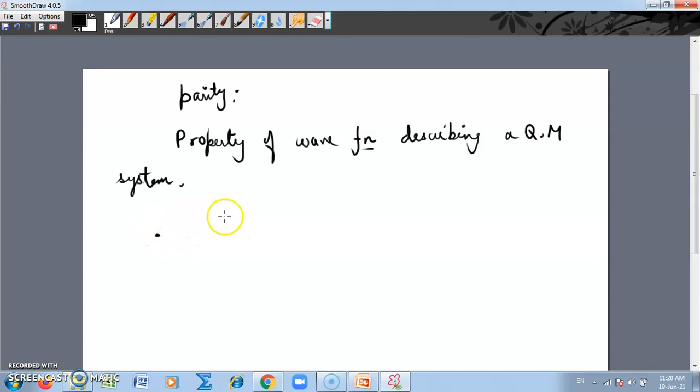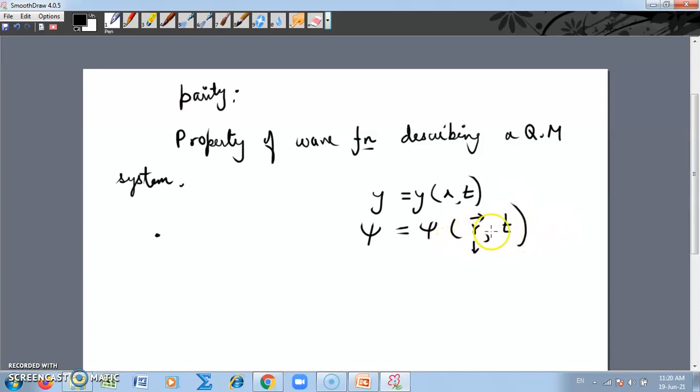Just as in the case of other mechanical waves we have something like x, t, here this matter wave is denoted by psi, and psi is a function of the position, which I can denote as r. r will consist of x, y and z, and also t. So this is psi, the wave function. The property of the wave function describing a quantum mechanical system, there is one particular property that describes it, and that is called the parity.